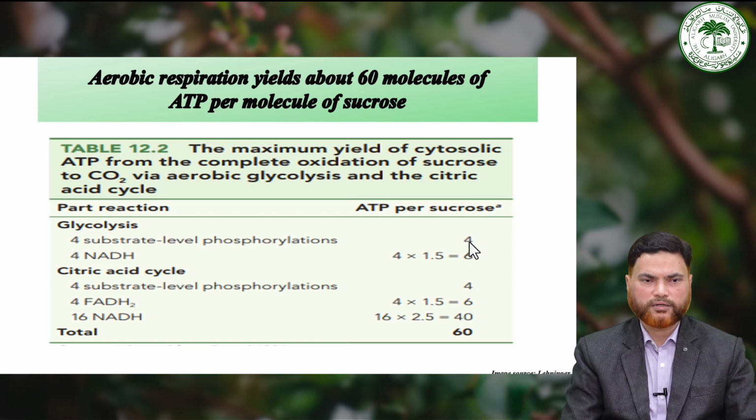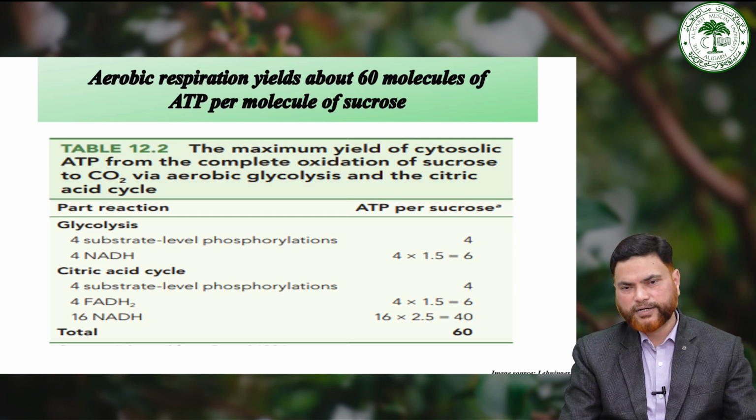You see this: 4 from glycolysis and 4 from the tricarboxylic acid cycle, a total of 8 molecules. 4 molecules of NADPH are produced in the cytosol during this process. Additionally, 16 molecules of NADH and 4 molecules of FADH2 are generated in the mitochondrial matrix via succinate dehydrogenase.